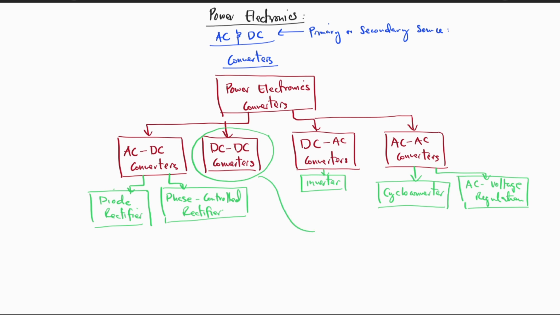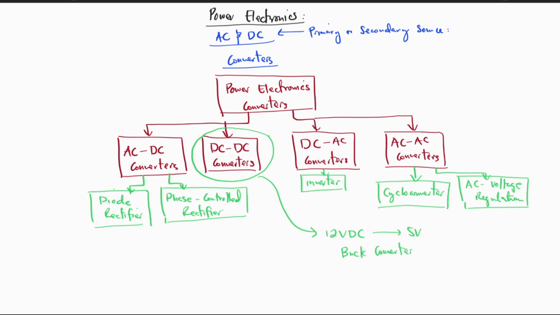So imagine for a DC to DC converter, if we have a 12 volts DC and we want to limit the value to a lower value such as 5 volts. In this case we have a DC to DC converter known as the buck converter.